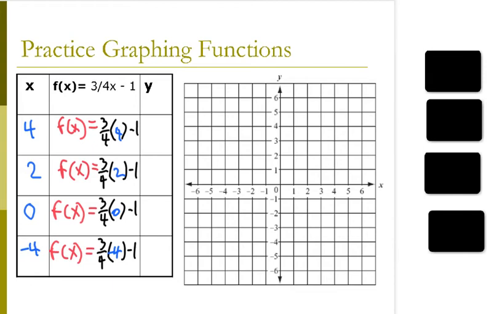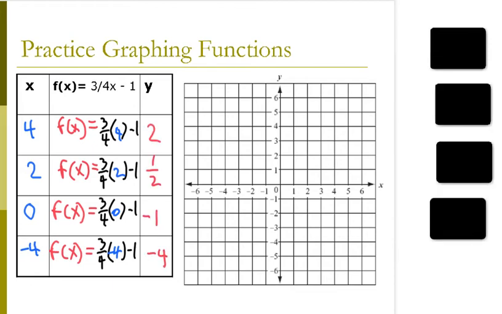All we would need to do is to graph the ordered pairs. So the first ordered pair would be 4, 2. The second ordered pair is 2, 1/2. The third ordered pair is 0, negative 1. And the fourth ordered pair is negative 4, negative 4.